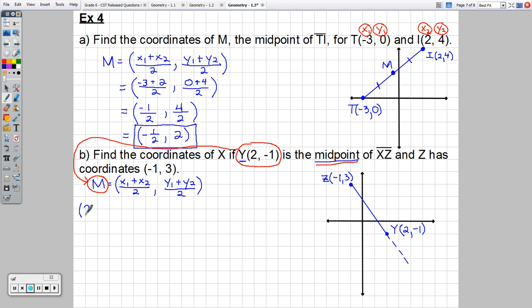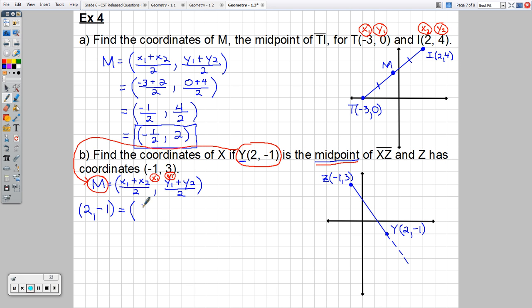I've got 2, -1. That coordinate point has to equal this coordinate point. I'm going to call this x1, squeezing it in here, and this one is y1. So my first x coordinate and my first y coordinate are these values right here, x1, y1, and I'm plugging those in.